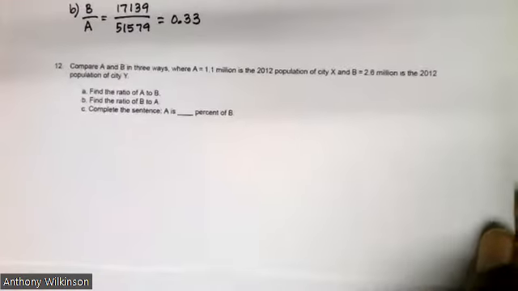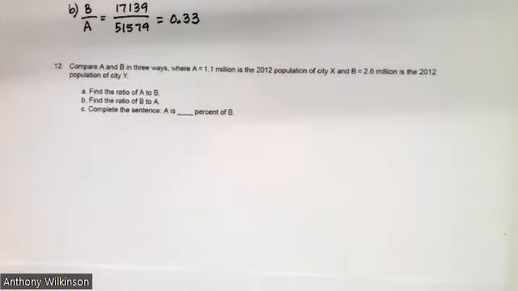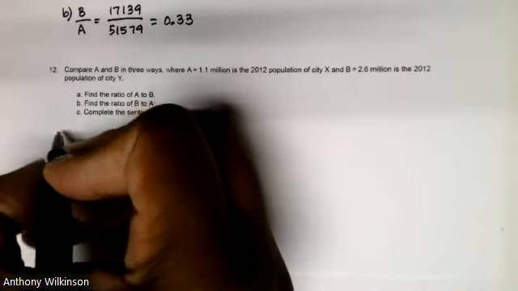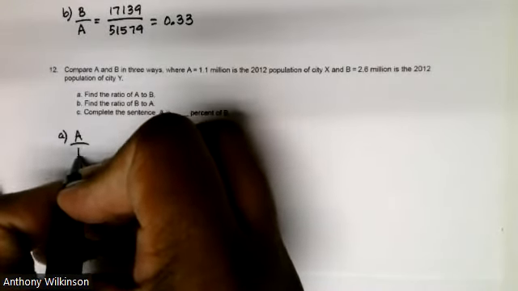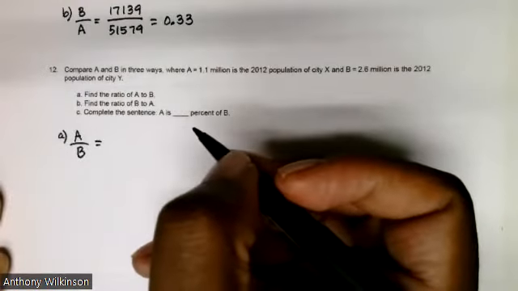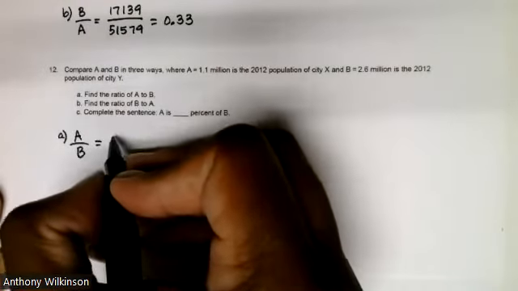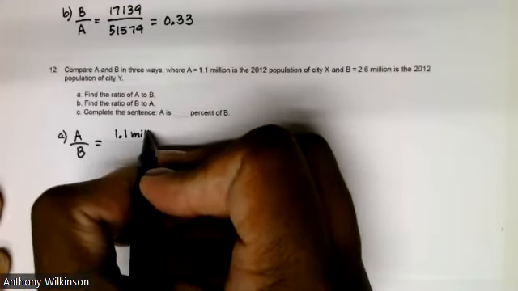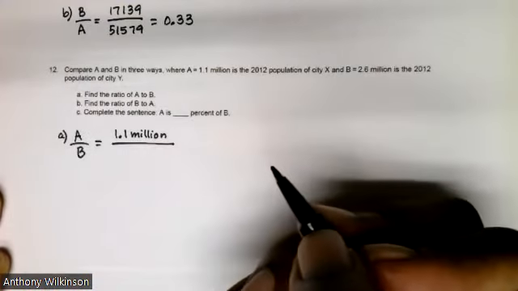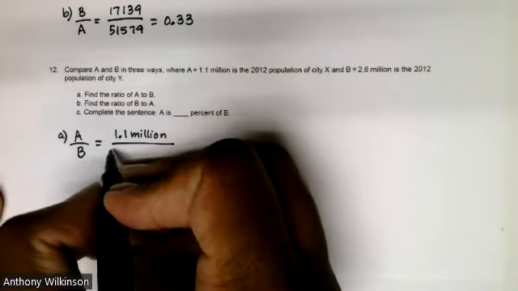All right, number 12. Here, A is going to be 1.1 million, the population in 2012 of city X. B is 2.6 million, the population in 2012 of city Y. So we want to find the ratio of A to B. That'd be A over B if we write it as a fraction: A is 1.1 million over B, which is 2.6 million.